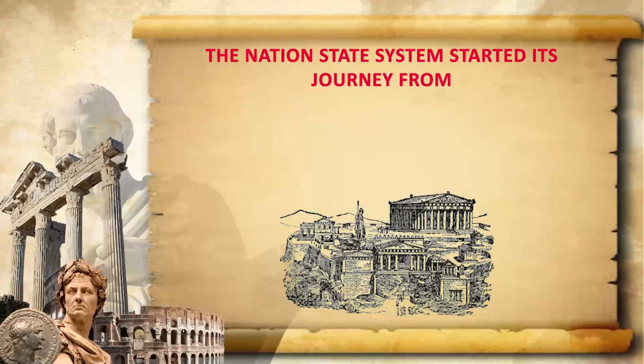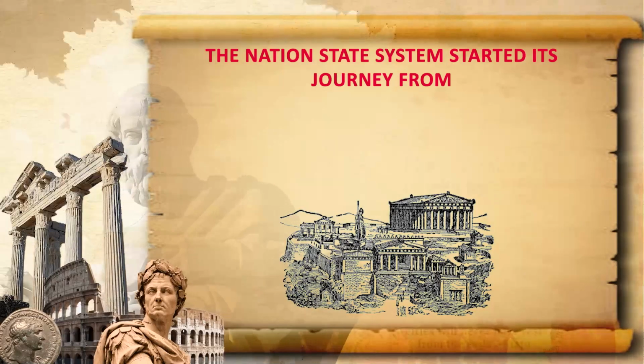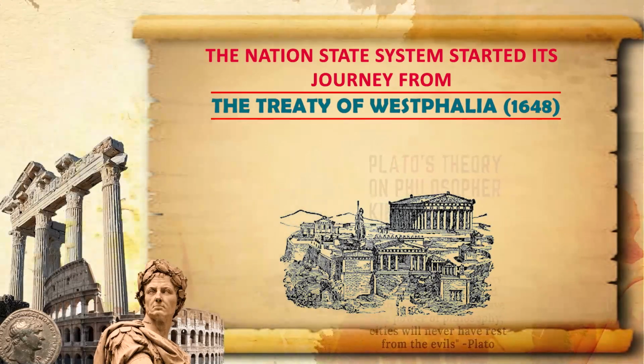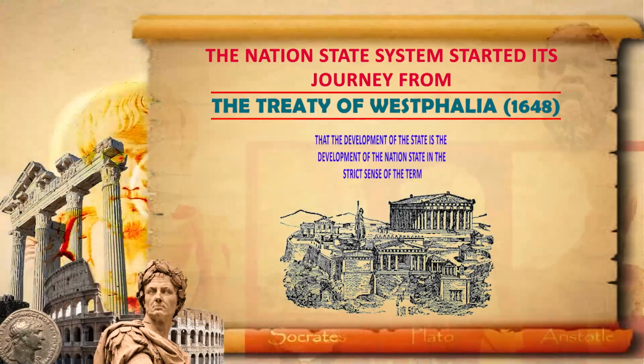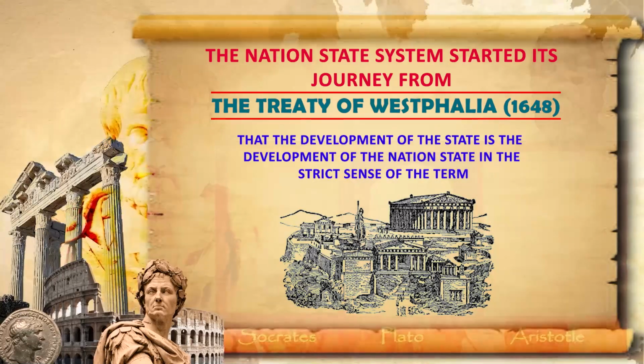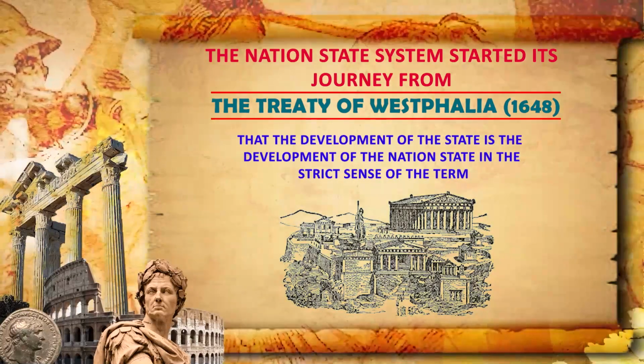So the nation state system started its journey from the Treaty of Westphalia in 1648, and after that the development of the state is the development of the nation state in the strict sense of the term. How did this development take place?